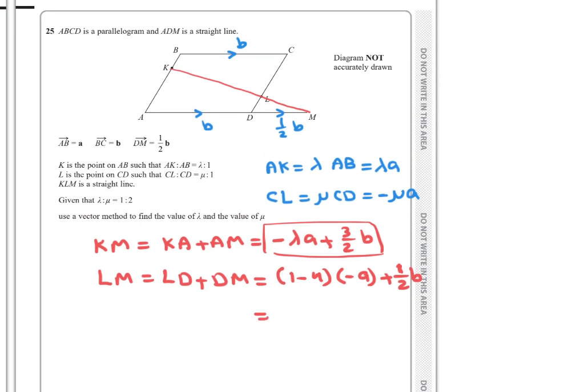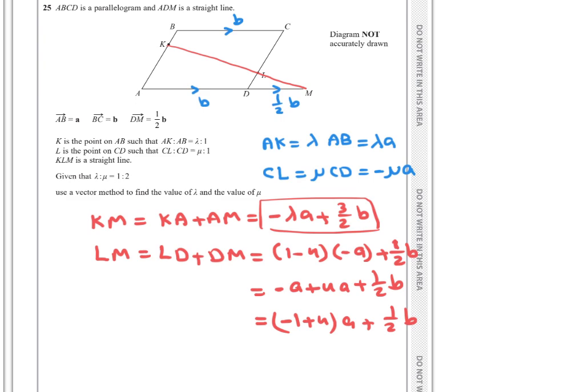Now you can simplify: (1 minus mu) times negative a, so negative a plus mu a plus half b. You can take a common, so (negative 1 plus mu) a plus half b. So this is LM.